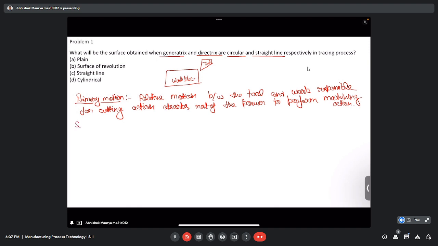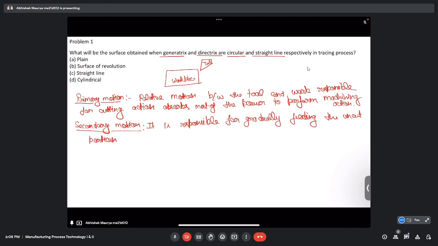Similarly, we have secondary motion. It is defined as the motion responsible for gradually feeding the uncut portion, and it may proceed in steps or sometimes continuously.